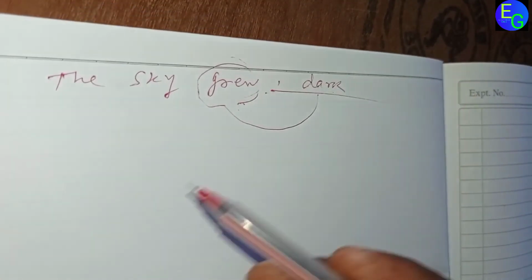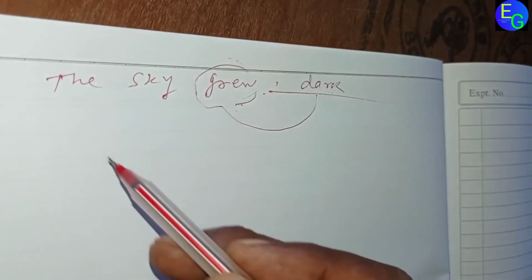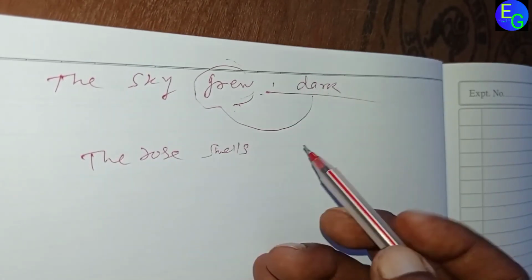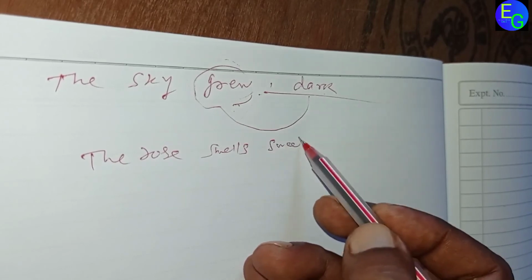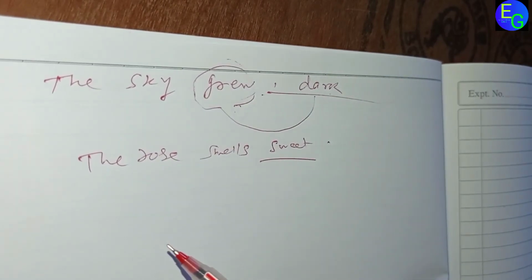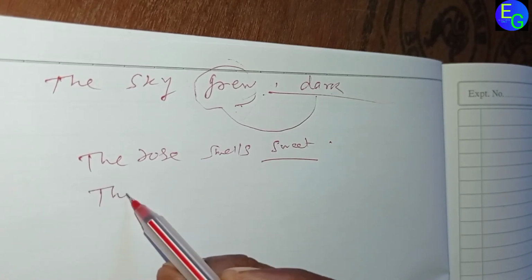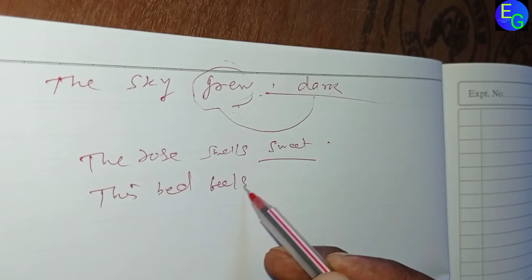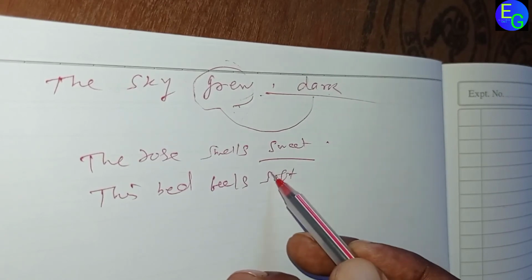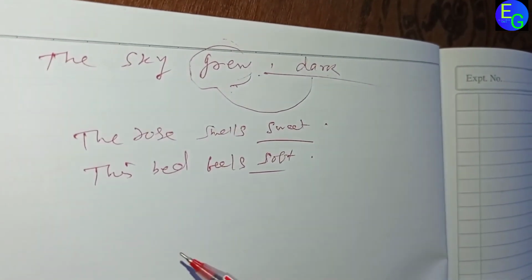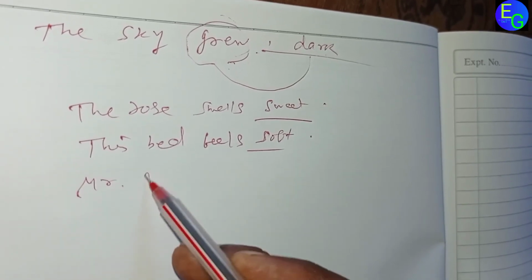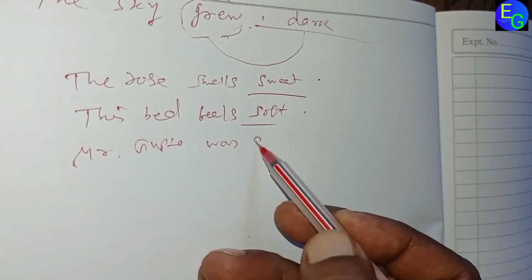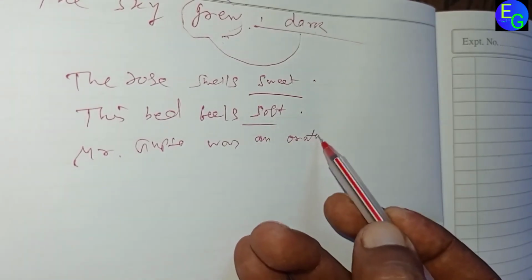Okay, sentences I am giving. The rose smells sweet. This bed feels soft. Mr. Gupta was an orator.